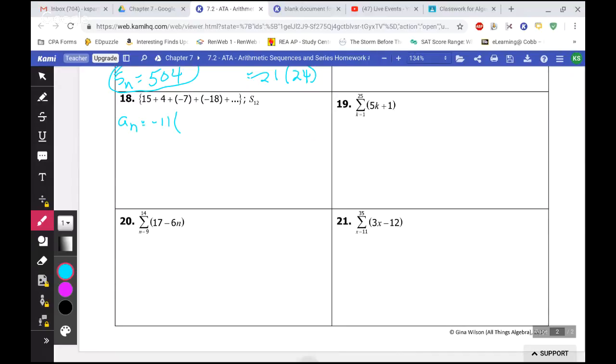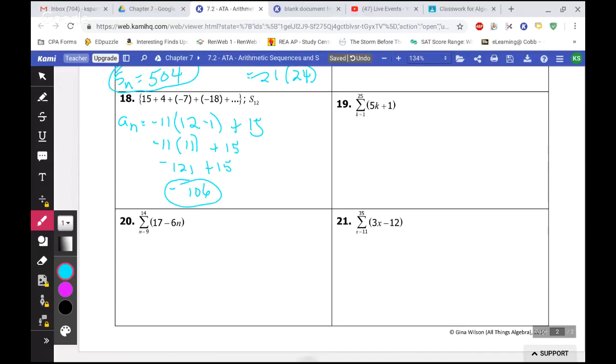And we're looking for the value of the 12th term. So we have negative 11 times 11 plus 15. So that's going to be negative 121 plus 15. So that's negative 106. So that's the value of the 12th term.